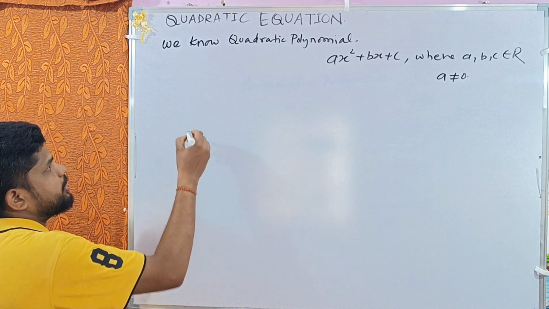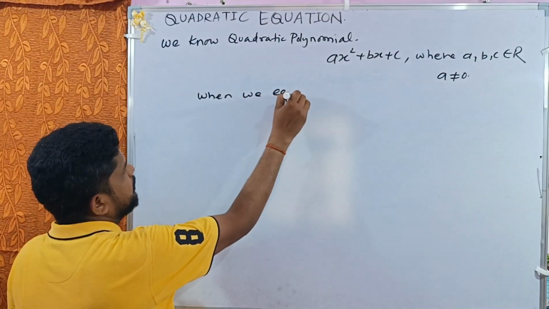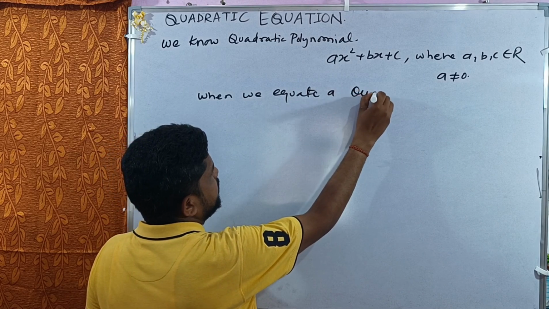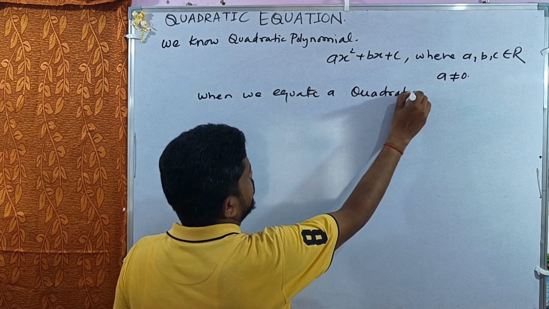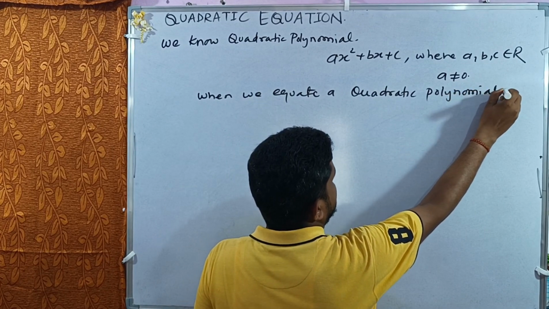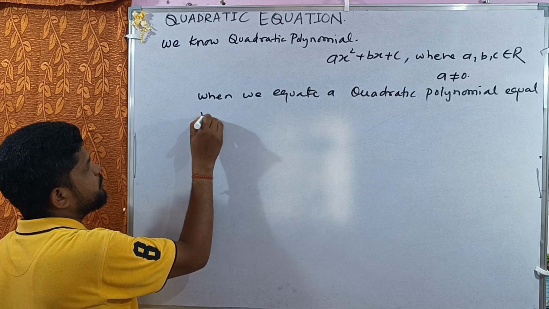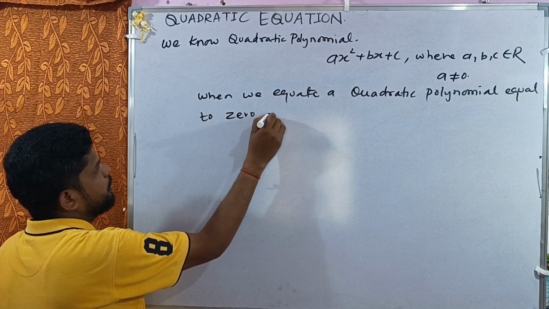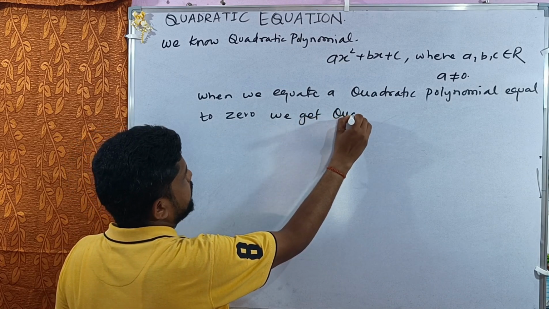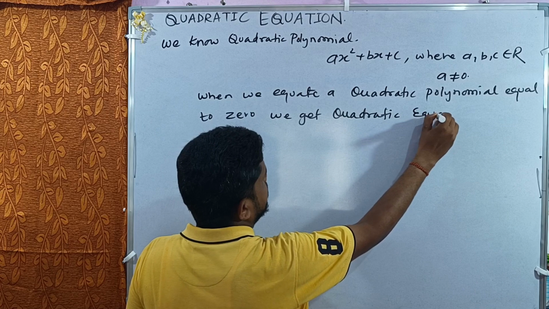Okay, so when we equate a quadratic polynomial equals to 0, we get quadratic equation.